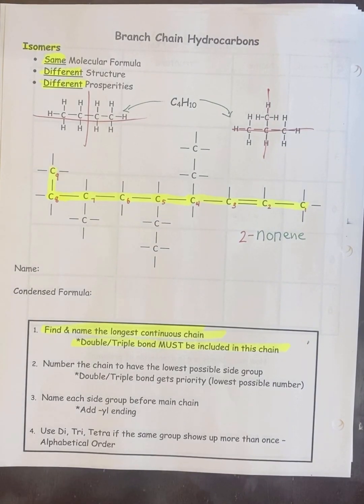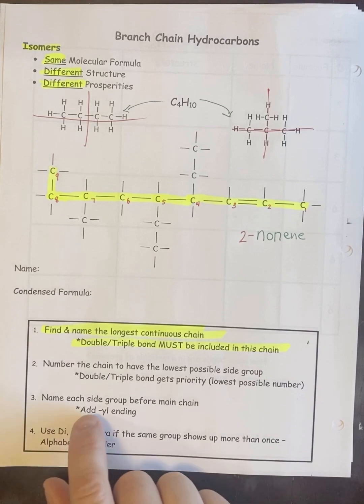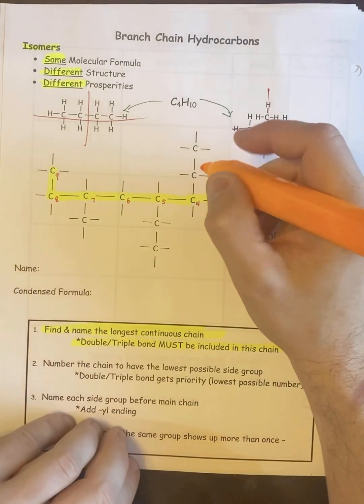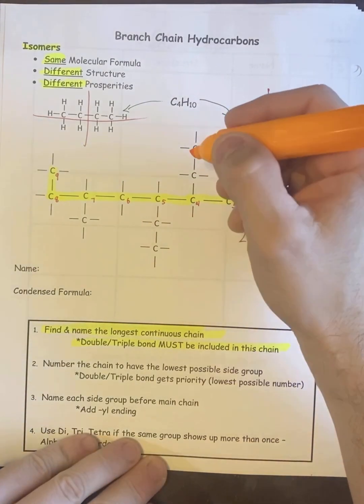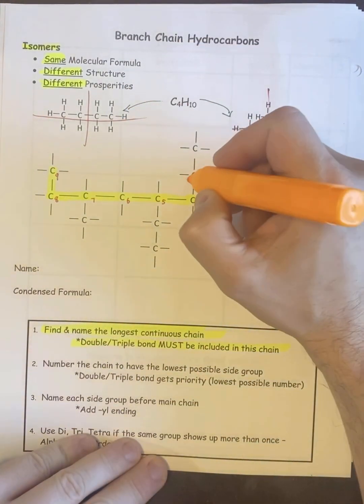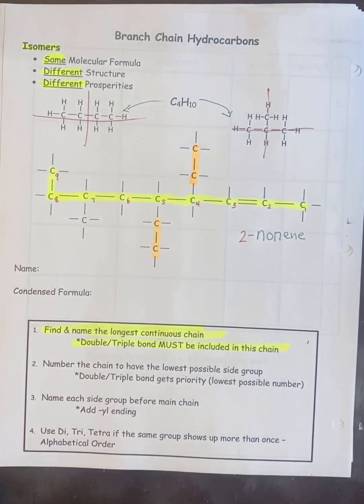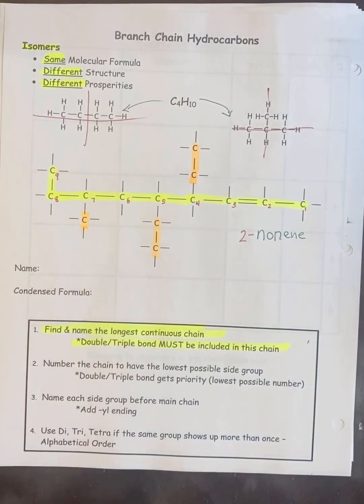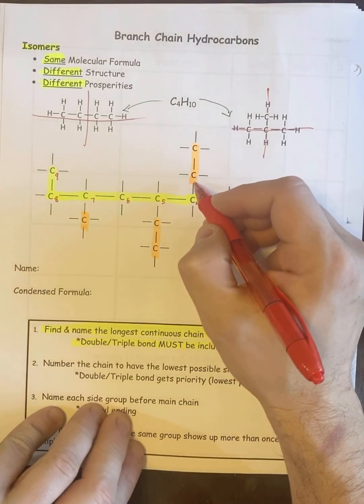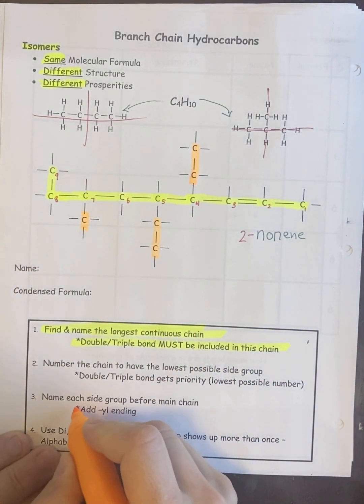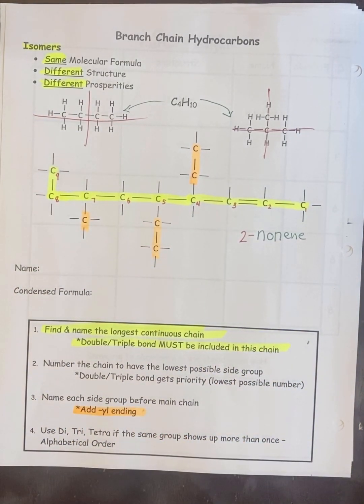Next part, step 3. Name each side group before the main chain. So we've got some side groups. Or they're also called branches, but same idea. So think this is like a tree, and these are the branches. There's a branch of 2, there's a branch of 2, and there's a branch of 1. So for a branch of 2, notice the branch gets a YL ending.